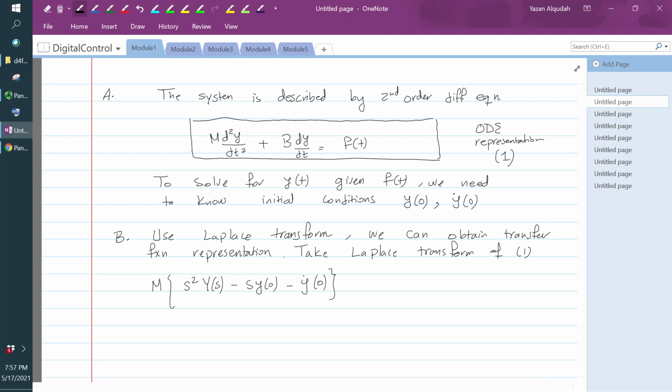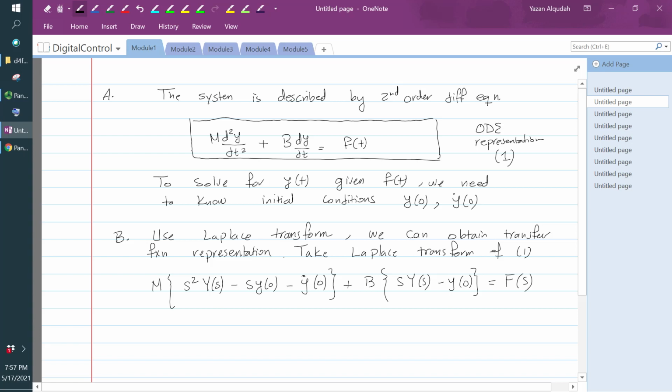If I take the Laplace transform of a second derivative, it is going to equal s squared multiplied by y minus s multiplied by y of 0 minus y dot of 0. Then we have plus b, and here we have a first derivative. If I take the Laplace of that, it is going to give me s multiplied by y of s minus y of 0. And again, this follows directly from Laplace properties. And all this is going to equal the force f of s.